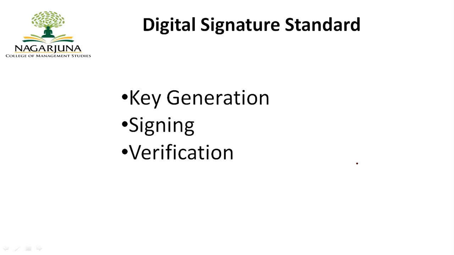Before we deal with all these steps, let me show you a diagram. This diagram represents how the digital signature standard performs the operation of generating a signature and verifying the authenticity of the signature.